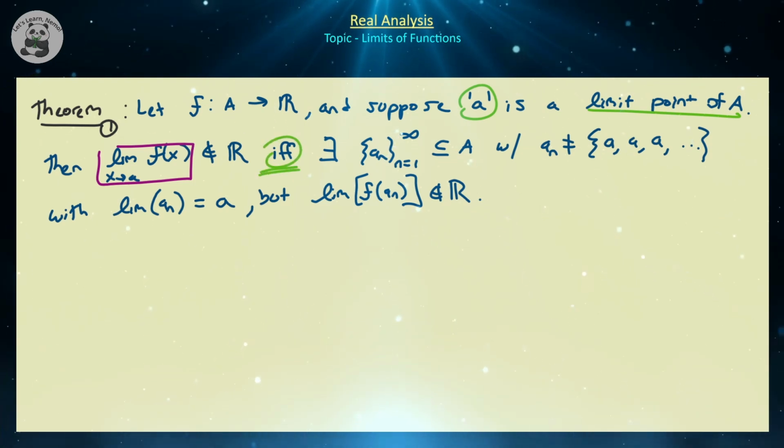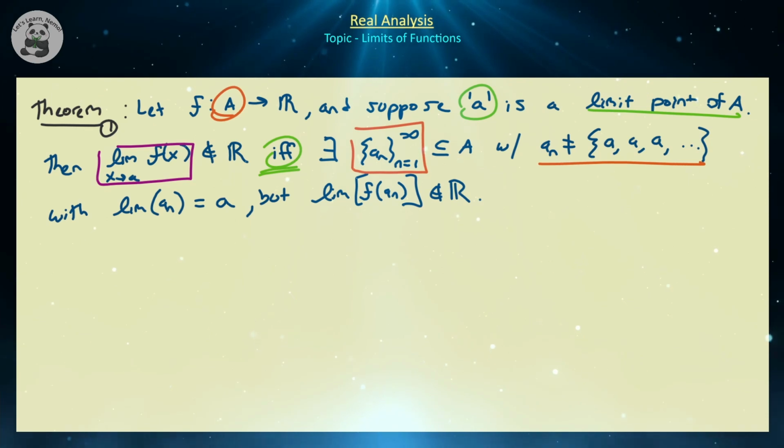So this is very, very useful. There exists a sequence that is entirely contained in the domain of our function, and not the constant sequence equal to the limit point, that satisfies the property that the limit of a_n is equal to a.